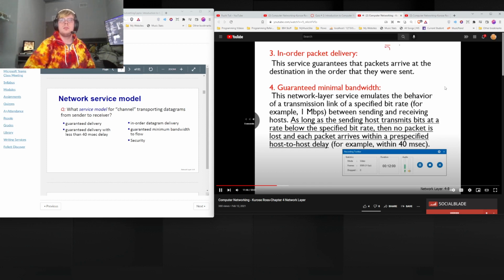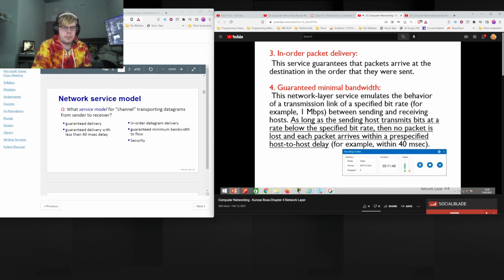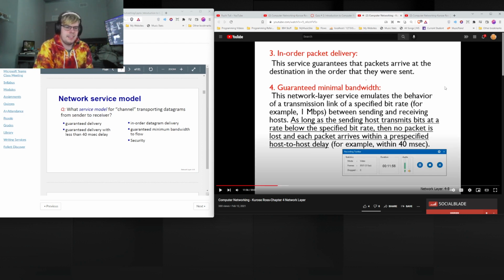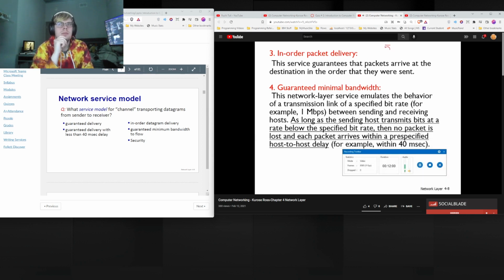Packets, which is in order packet delivery. This service of the network layer guarantees that packets arrive at the destination in the order that they were sent. For example, the source sends 5 packets, 1, 2, 3, 4 and 5.